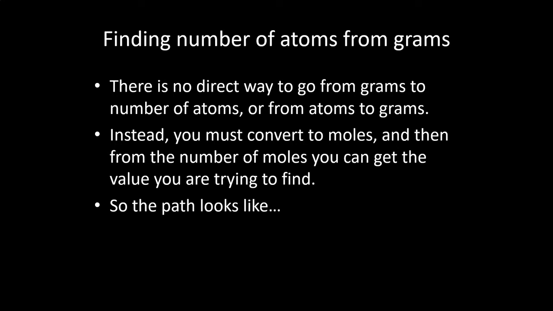Now, if we're trying to go from atoms to grams, there's no direct way to do that. By direct way I mean there's not a single conversion factor that can do that. You will always need to convert to moles first, using Avogadro's number, and then use the molar mass to convert that number of moles into a number of grams.